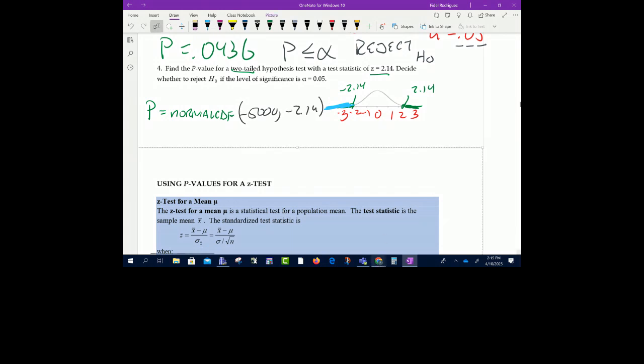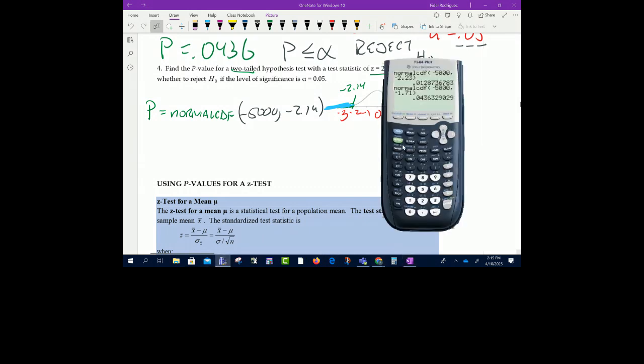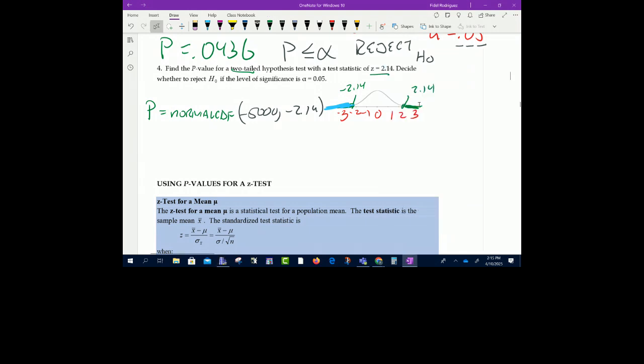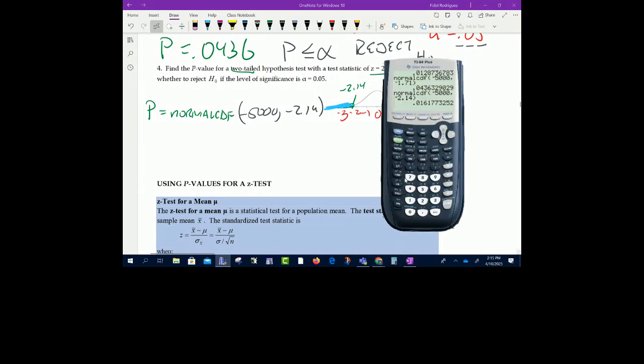Okay, let's do that, y'all. Let's see if we can find that. So look, let's go here, let's hit enter again. Let's change that to a 2.14, keep it negative, don't forget. Okay, are y'all coming up with 0.0161, all that kind of change? Okay, now y'all remember, we're actually looking for the area in both parts. Because the graph is symmetric, you know what we can do, y'all?